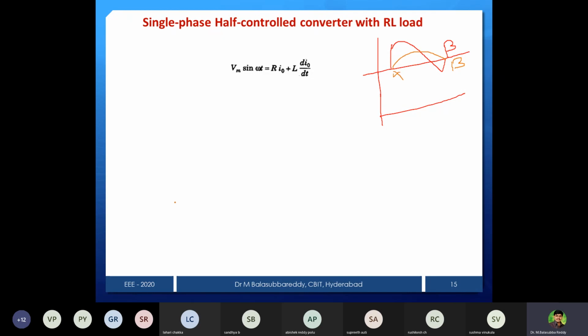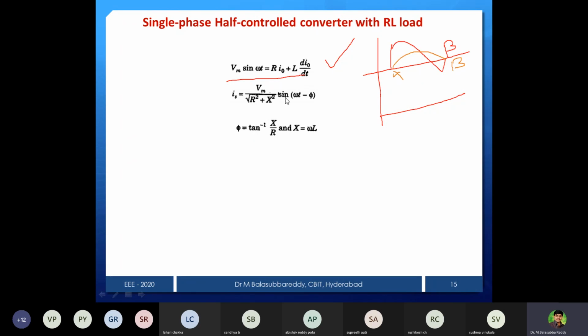Now we can derive our voltage equation. When the device is turned on, what is our voltage equation? Vm sin omega t is equal to Ri plus L di by dt. From this, apply particular integral and complementary function, or Laplace and inverse Laplace, any mechanism you can apply, and we will get the steady state and transient currents.